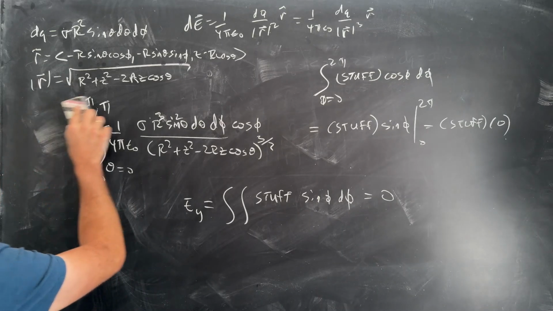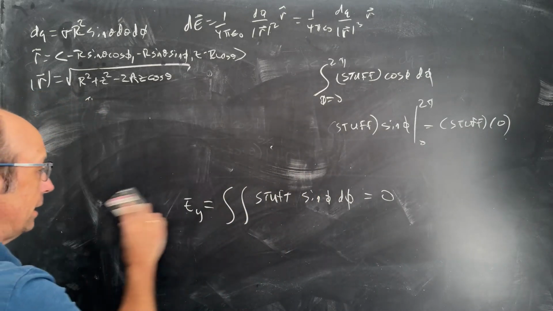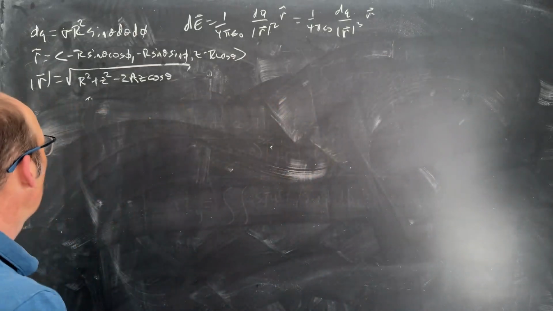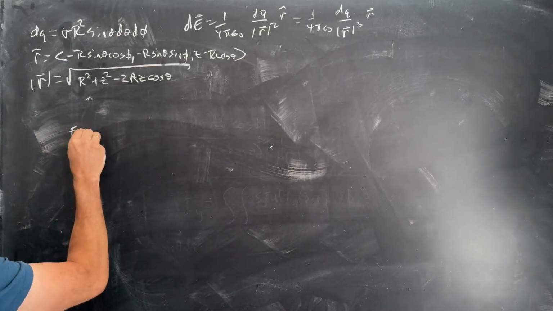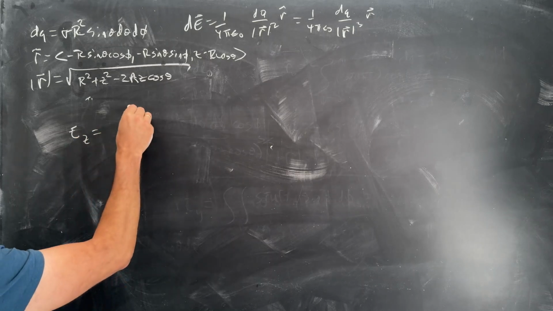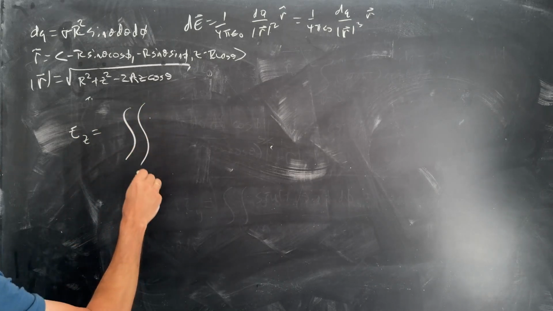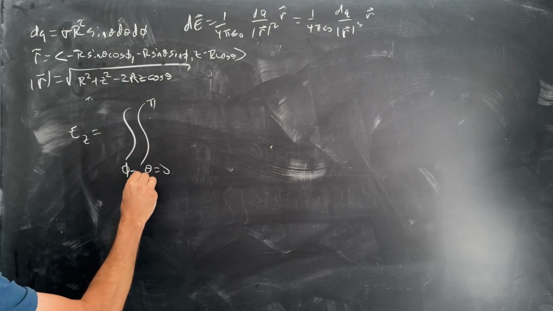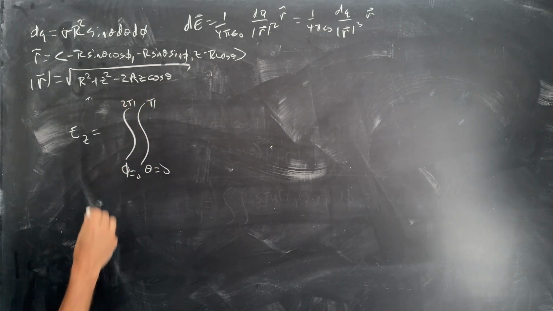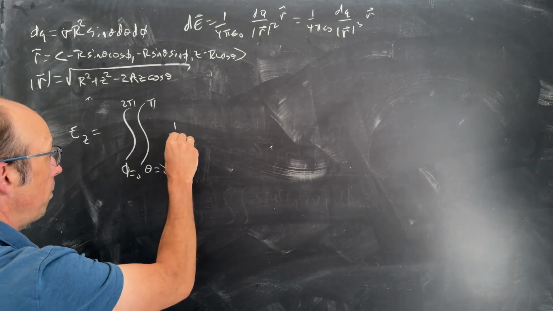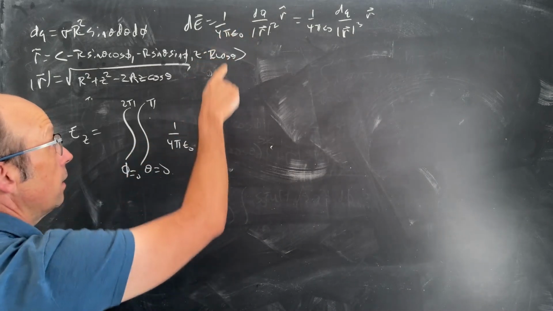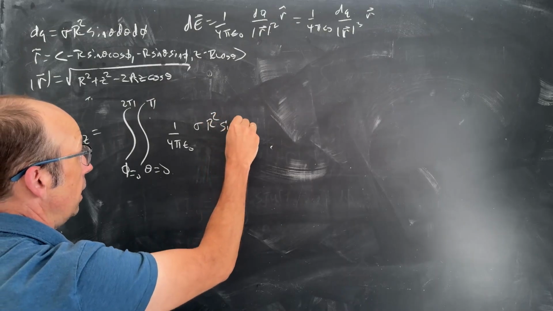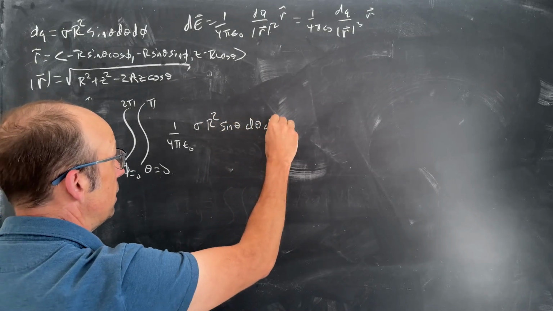What about z? Okay, now we got to do z. It's not 0 in the z direction. So we got some serious work to do. Let's write it out. Ez is going to be equal to the double integral, theta is 0 to pi, phi is 0 to 2 pi, and then I have 1 over 4 pi epsilon naught times dq, which is sigma r squared sine theta d theta d phi.